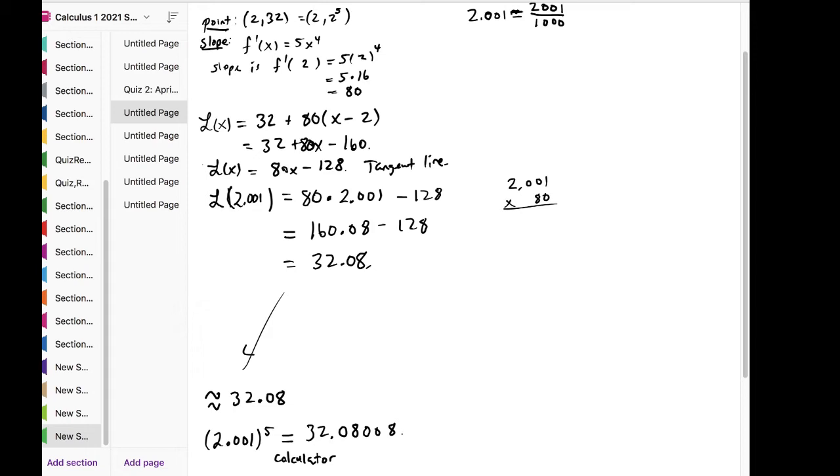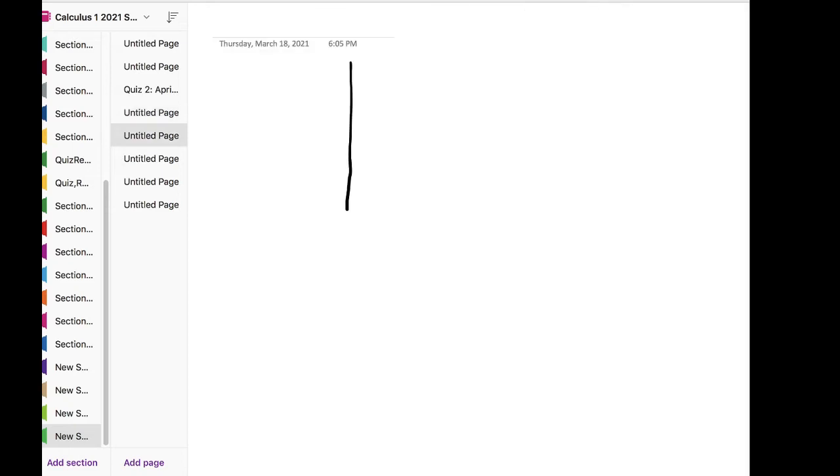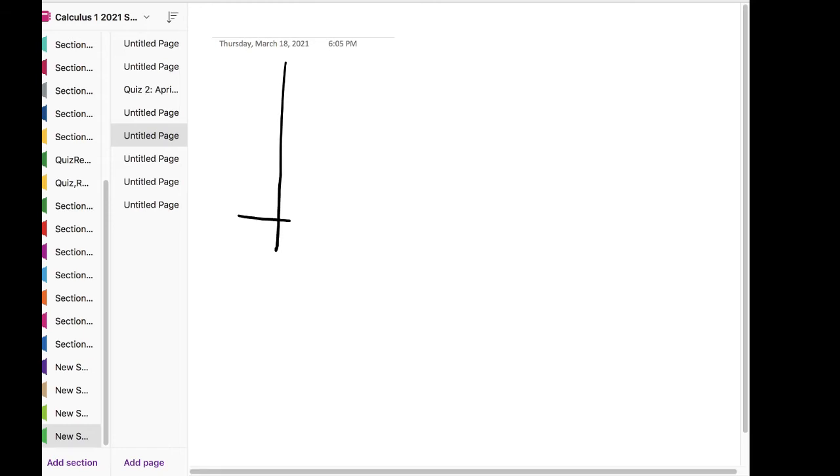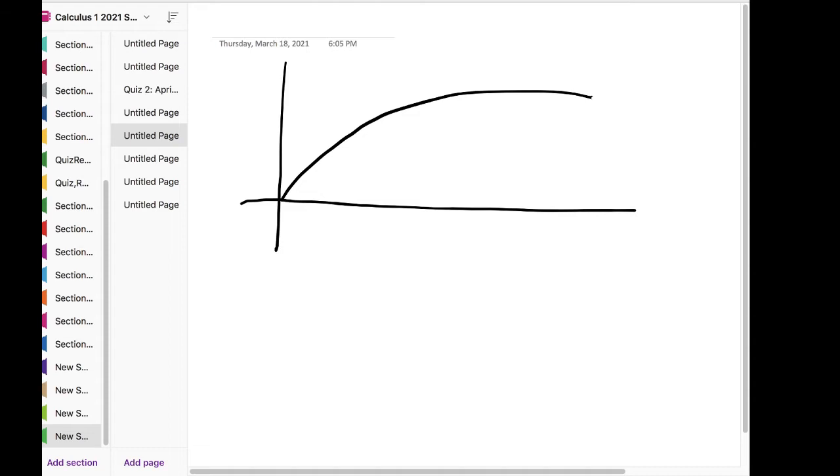Yeah, so let's use a different method and see if we get the same thing. And we should, based on the theory. So let's remind ourselves what a differential is. Okay, so if this is the curve, and here's the mystery point, x plus delta x.